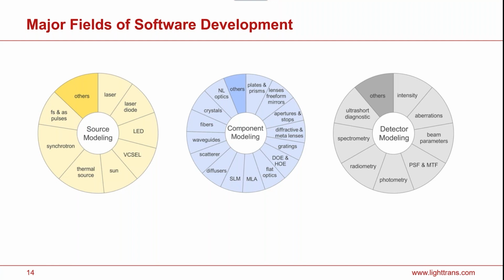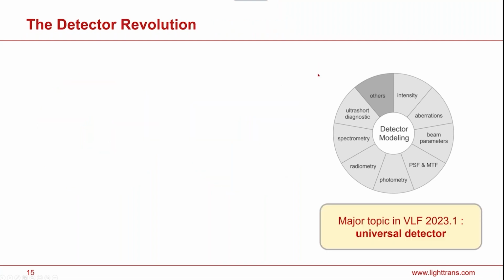In some versions we focus more on source modeling, some more on component modeling, and some on detector modeling. This time we have mainly focused on detector modeling, also source, but mainly detector modeling. And in 23, we will then tackle quite a lot of component modeling and put new features there too. That means in the new version 23.1, detector development was very important.